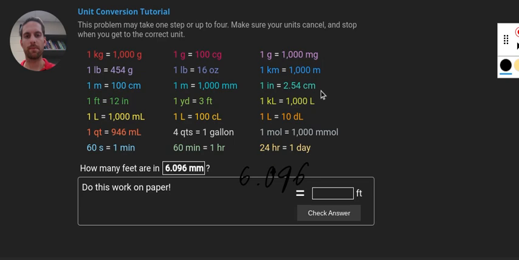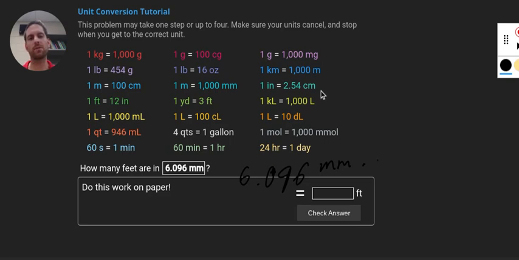And that's in millimeters. I multiply this by, I want to make that meters, or centimeters.